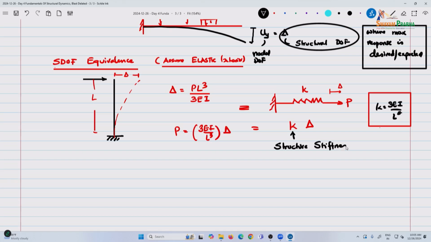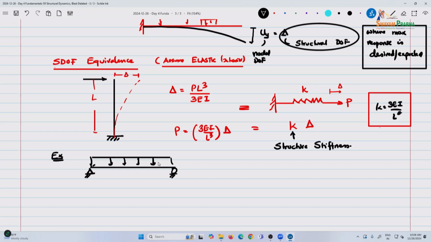We'll do one more example and we'll see the significance of what a structural stiffness is. Take another simple case, and you can extrapolate it to multiple types of scenarios. And if you want complex cases, you model it if you can in any structural analysis program, get the deflection from the loads, equivalent load.